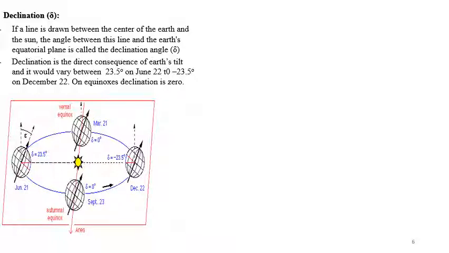At the time of winter solstice, the sun rays would be 23.5 degrees south of the Earth's equator, so that's why it is the negative value, 23.5 degrees.